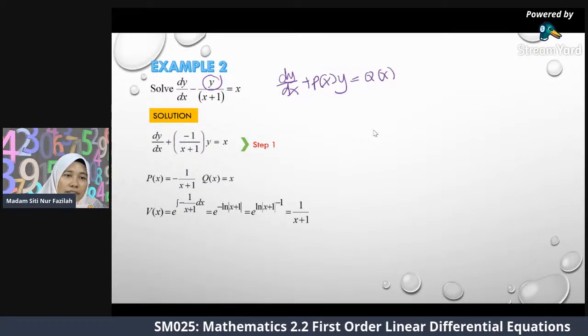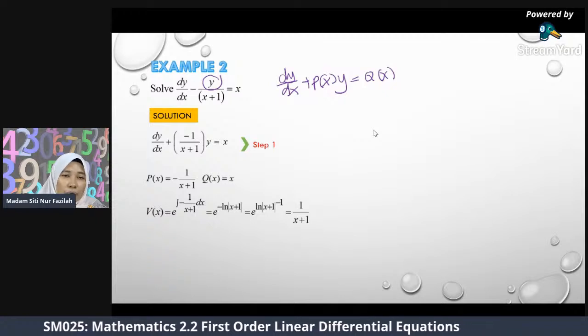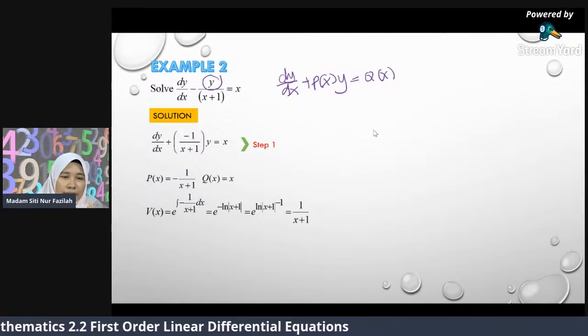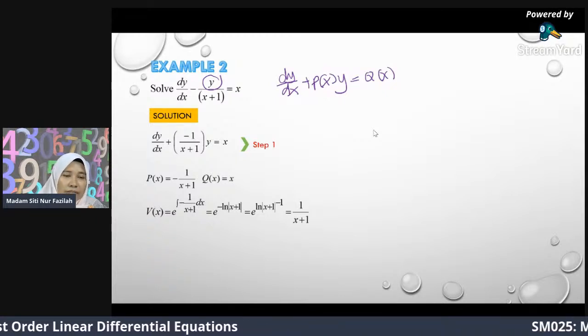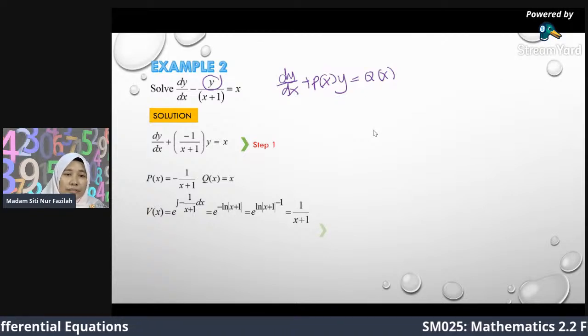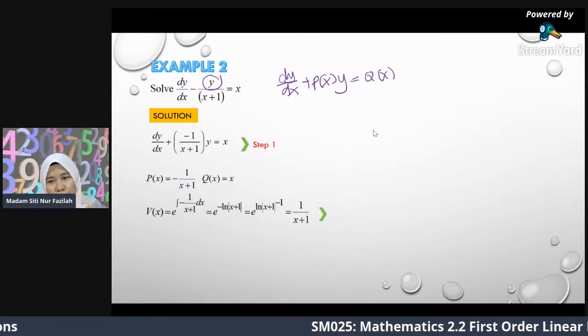The answer for Vx is 1 over x plus 1. We settle step 2.